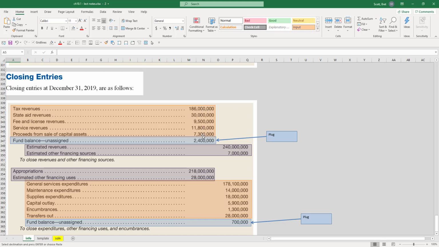And so we're going to see whether we have a net plug figure that's a debit or a credit. In this case, when we close out the accounts, we have a debit to the fund balance unassigned of 2.4. Is that good? Is that bad? We'll take a look at that in a second.